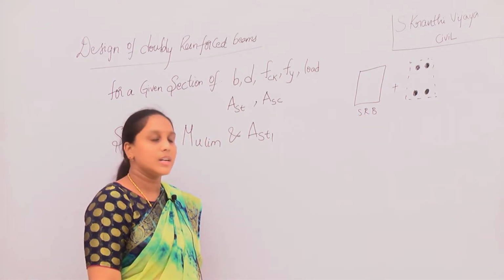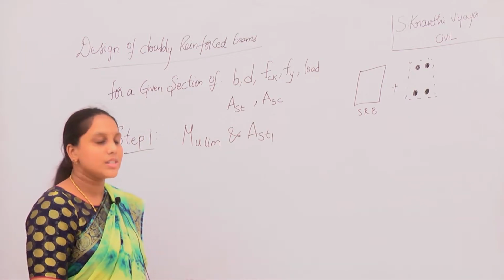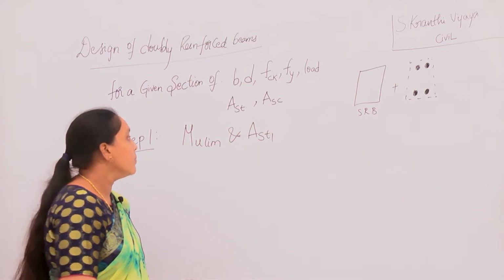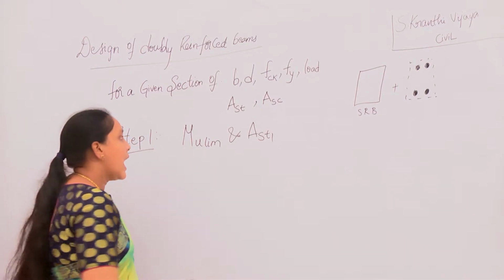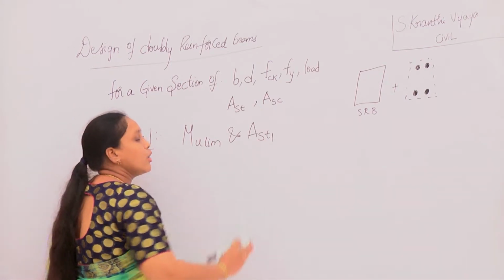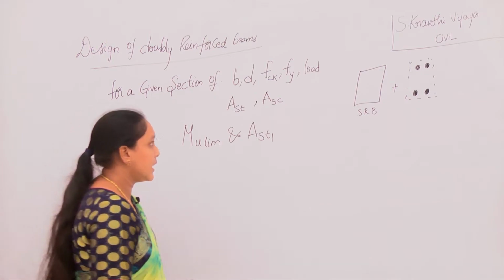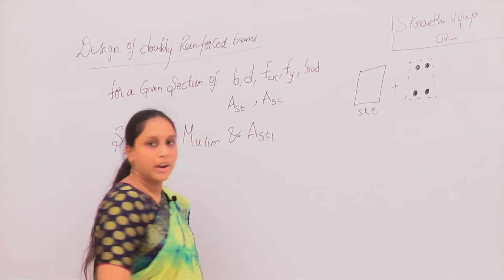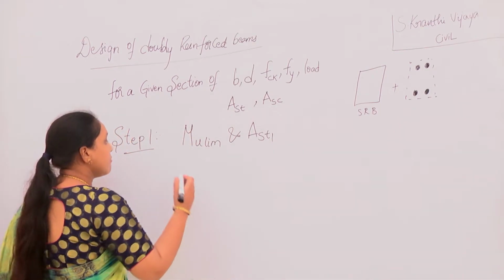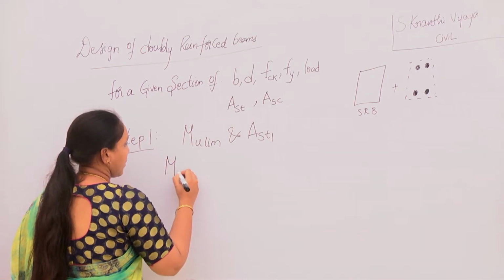So considering the balanced condition, you are going to find out the limiting moment of resistance as well as the area of the tensile steel, considering a balanced section for a singly reinforced beam. So how can you find out the MU limit?